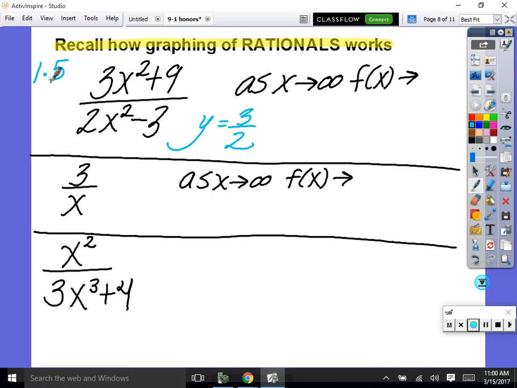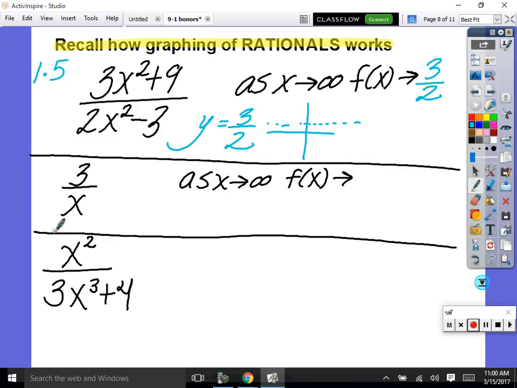Yeah, so do you see how it's approaching 1.5 as we get larger and larger? Does that make sense though, why that works? Because these are barely affecting it. You're going to have to know that for calculus. If it doesn't make sense, tell me so I can better explain. So as x approaches positive infinity, our function approaches 3/2. So that means we would have a horizontal asymptote at 1.5.